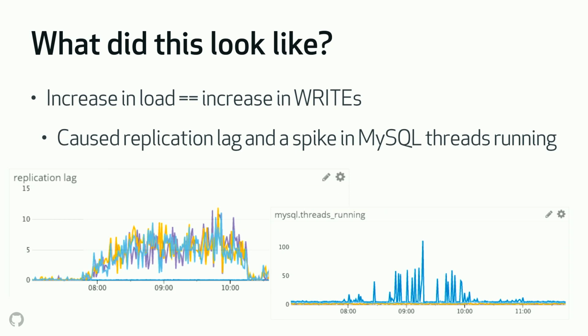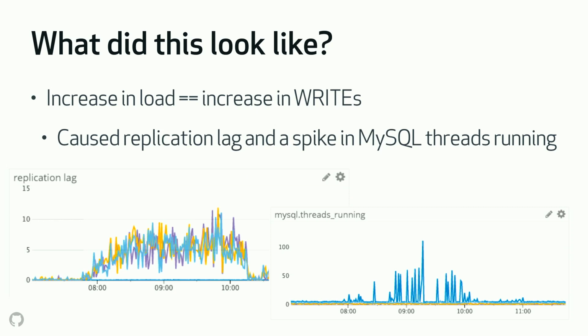That increase in load means there is some big uptick in updates or deletes or writes, and that can cause replication lag, right? If you think about this logically, that data is being written, deleted, updated, and that needs to be replicated out to the replicas, right? So that causes that lag. It takes longer for the replicas to catch up because there's an increase in the data that's changing.